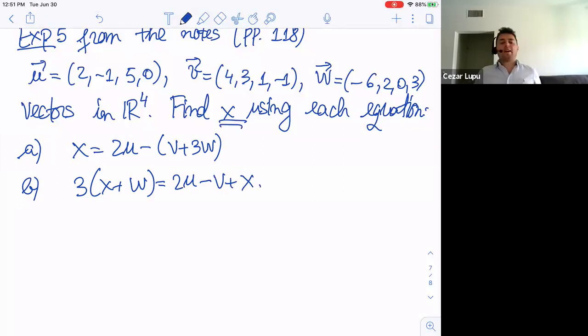What do you think? Is x a vector? Is x a scalar? I didn't put anything there. So what do you think? Okay, Neil says vector. What else? Does anybody have any other opinion? You have only two options though, either a scalar or a vector.